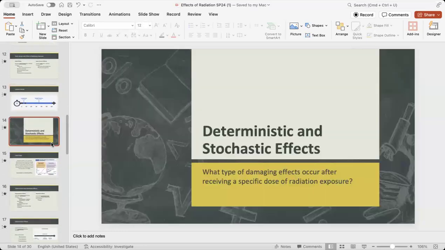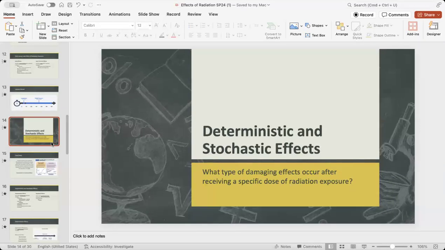We can try to predict this, but we know, as being taught in school about radiation, that any exposure could potentially cause some type of harm or damage. It doesn't necessarily mean it will show up, because sometimes, depending on what was irradiated, the body can recover and repair itself. So then we're going to move on to deterministic and stochastic effects.